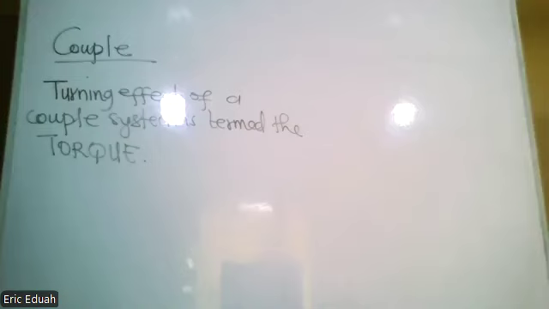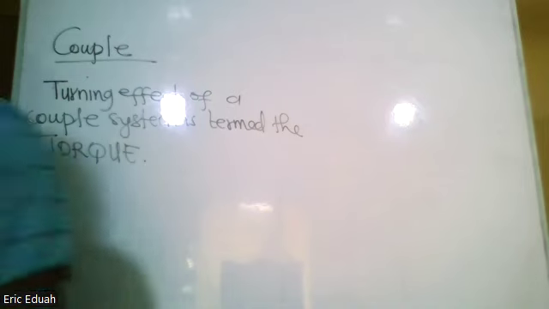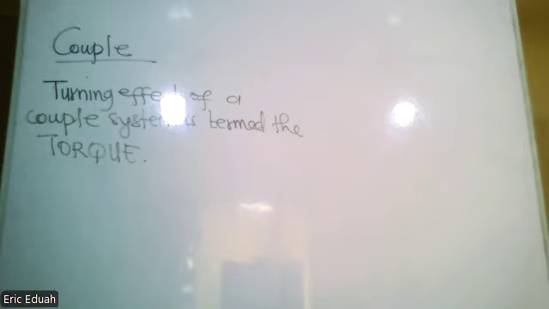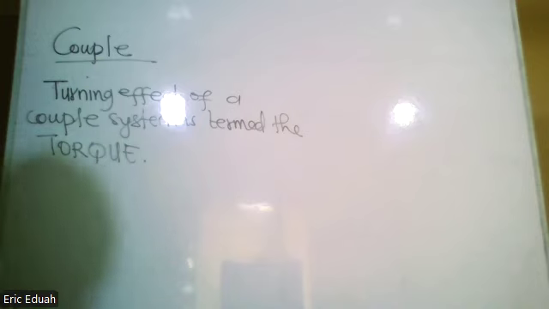But we mostly use the turning effect of a couple to be the torque. So we say that the turning effect of a couple system is known as the torque. How do we calculate or determine the turning effect produced by a torque?